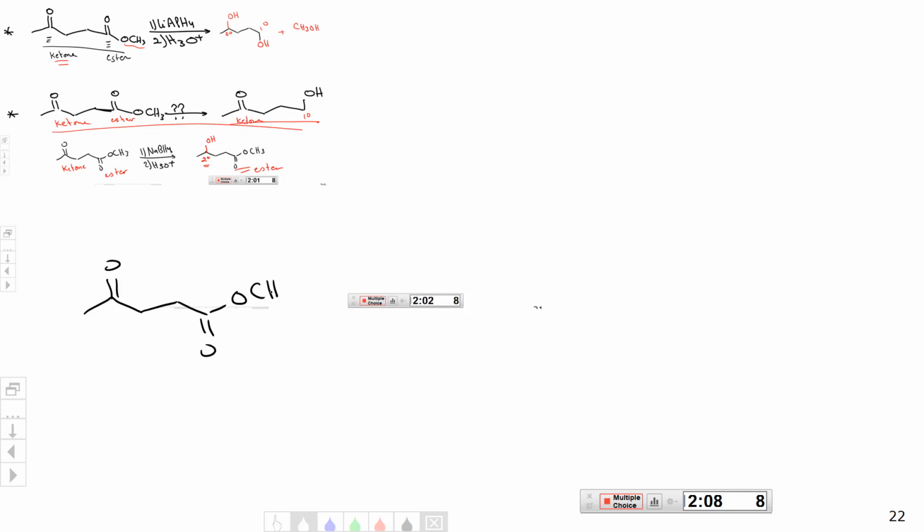So if I want to reduce the ester but not the ketone, my first step would be adding 2 moles of ROH, H+. So I'm changing the ketone into an acetal. I want to protect it, and we call this a protecting step. The reaction itself is an equilibrium, so I'm going to represent it as so.